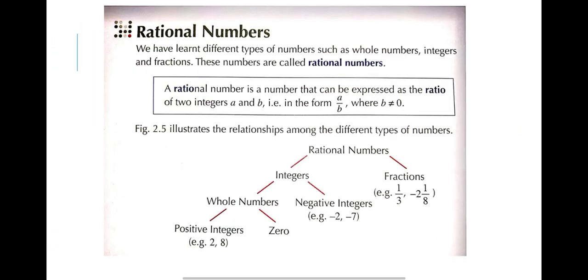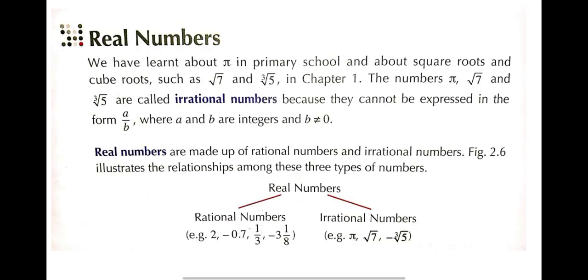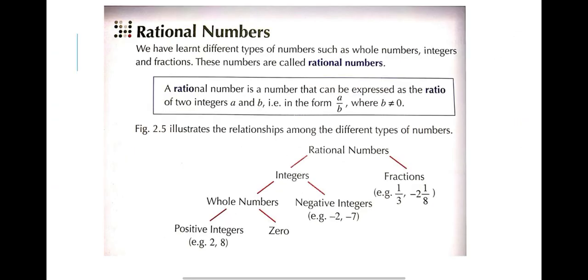Let's move on. Now we talk about rational numbers, the numbers that can be expressed in the form of a over b, of course. Something like 2. Even 2, we can express as a fraction, which is 2 over 1. And if we break down rational numbers again, rational numbers are made up of integers and fractions.